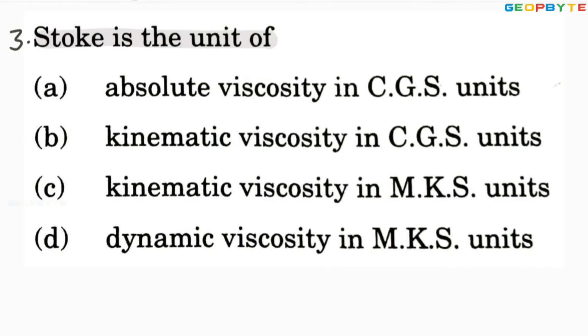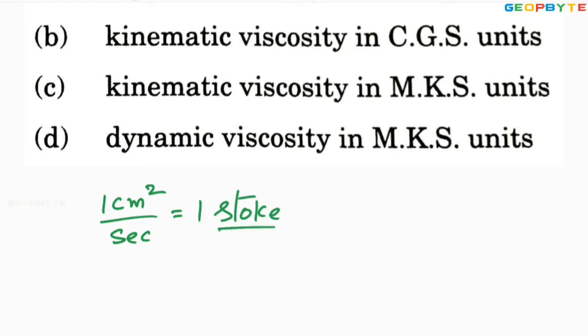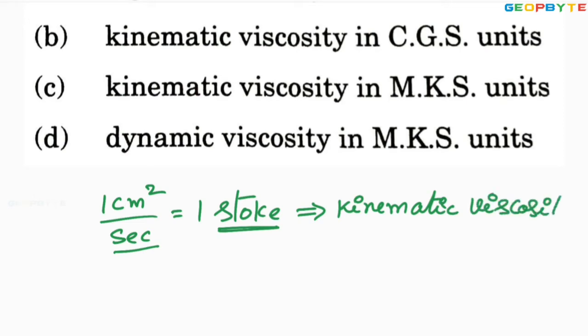Stoke is the unit of, dear friends, 1 stoke equal to 1 centimeter square per second. Stoke, not stroke, S-T-O-K-E. So 1 stoke equals 1 centimeter square per second. It is the kinematic viscosity unit in CGS system.